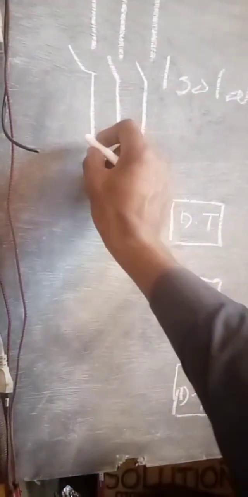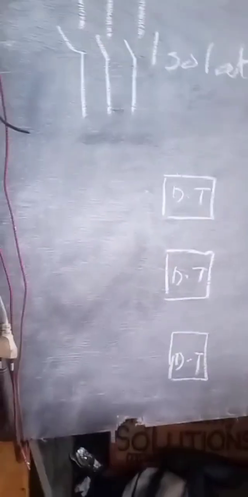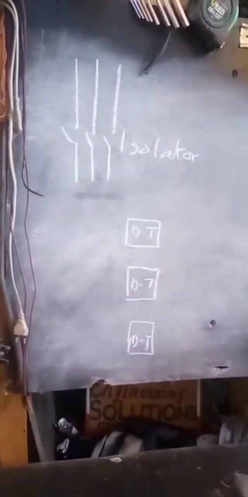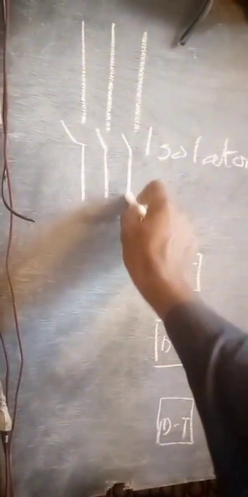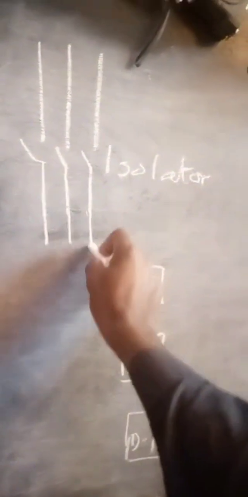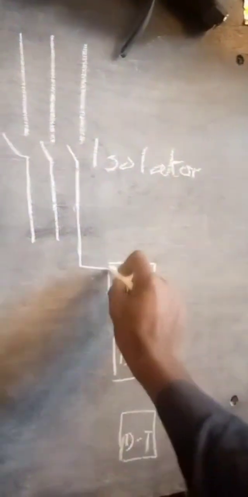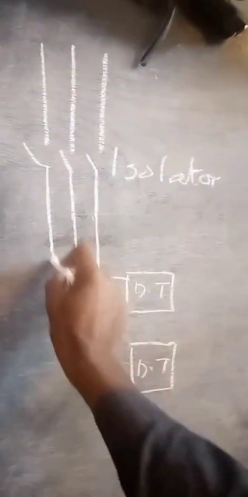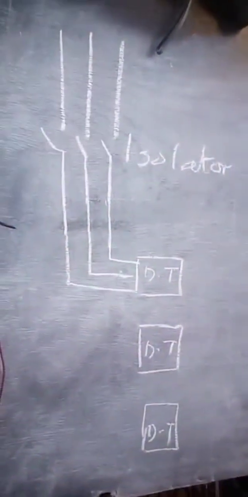So we need these isolators to be able to actually give a connection or a disconnection place for our circuit whenever we need to do maintenance to these transformers or something like that. So here we can have these connections into the transformers like that.